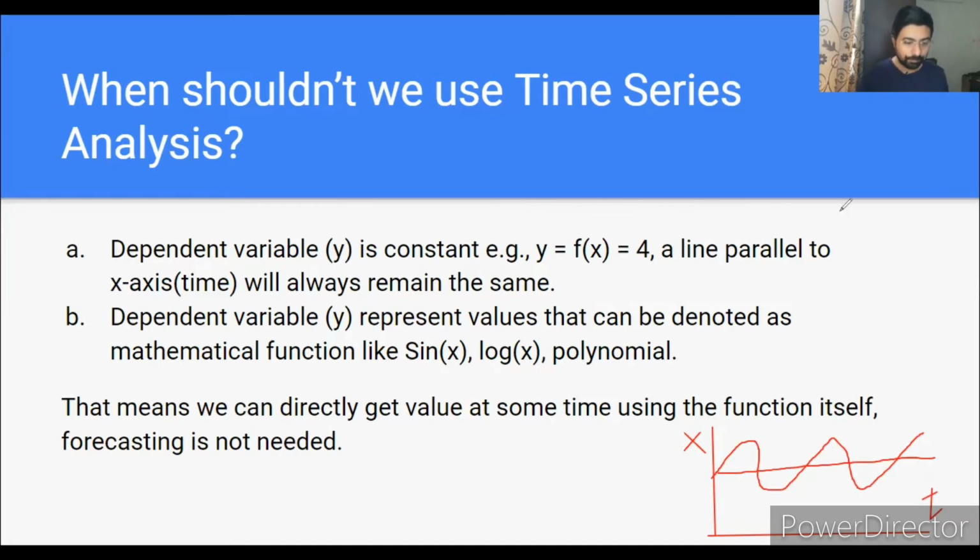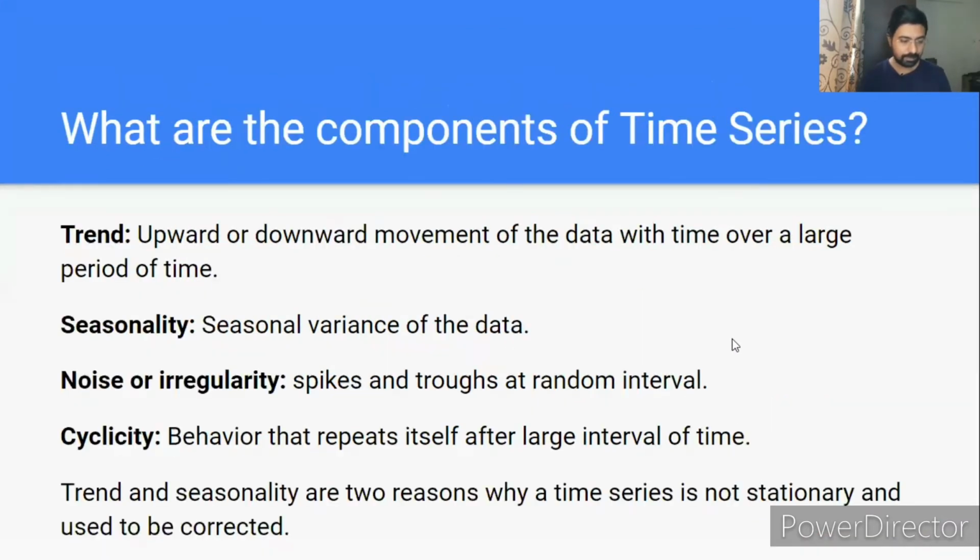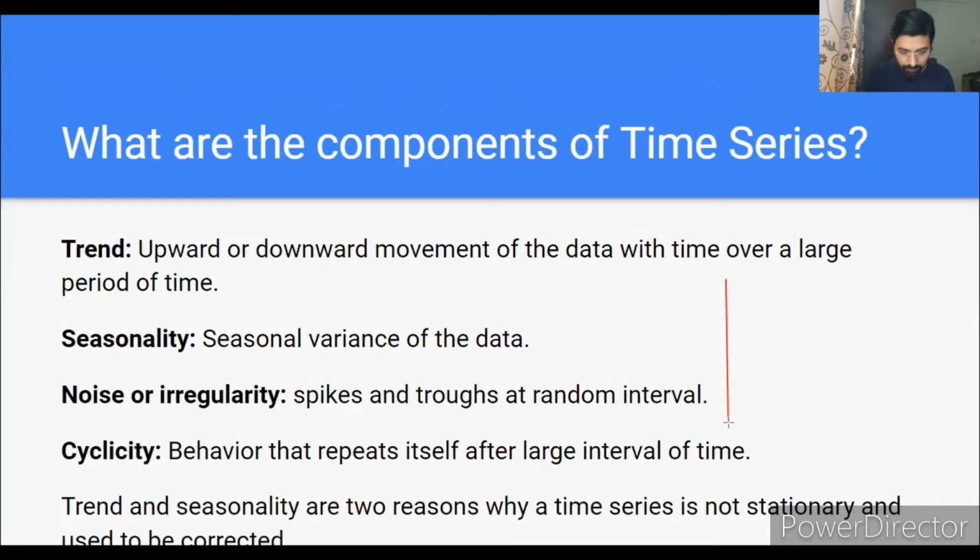So then also you don't need to do any kind of time series analysis. Now, where do I need to do time series analysis? The complexity of time series data is given by 4 components. One is the trend component. Let's draw it again. This is your variable and this is your time.